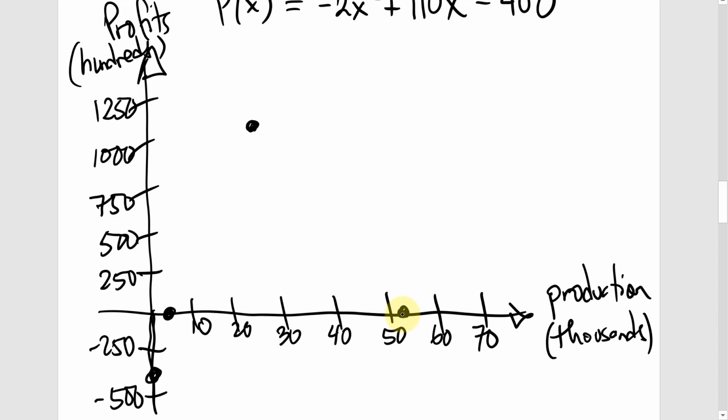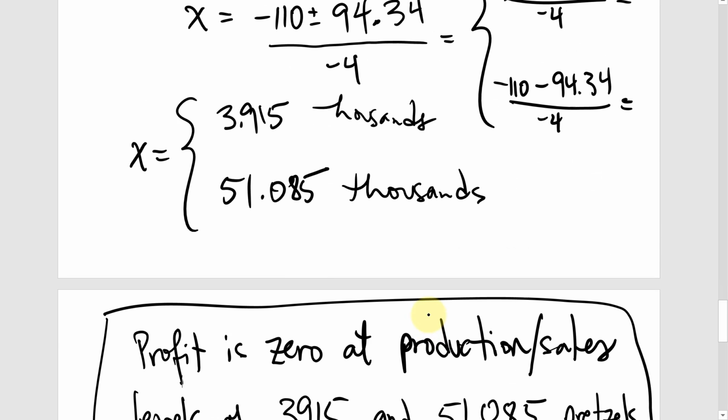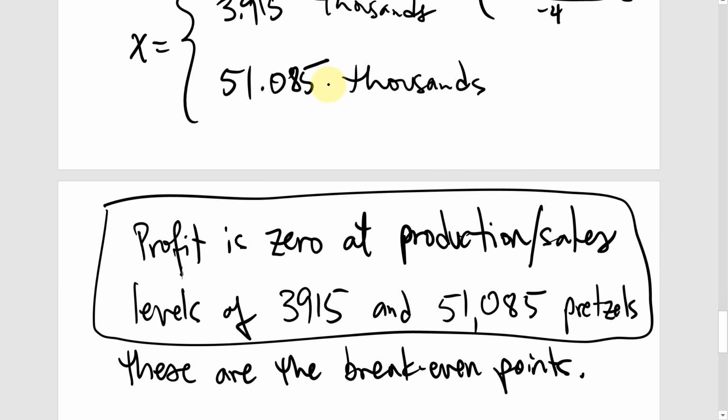In terms of the business context, you could write the units: it wouldn't be wrong to say 3.915 thousand, or 51.085 thousand, but it's also correct to say 3,915 and 51,085.